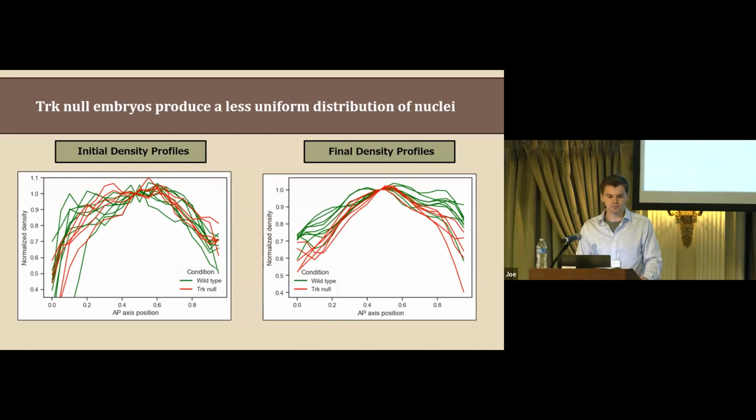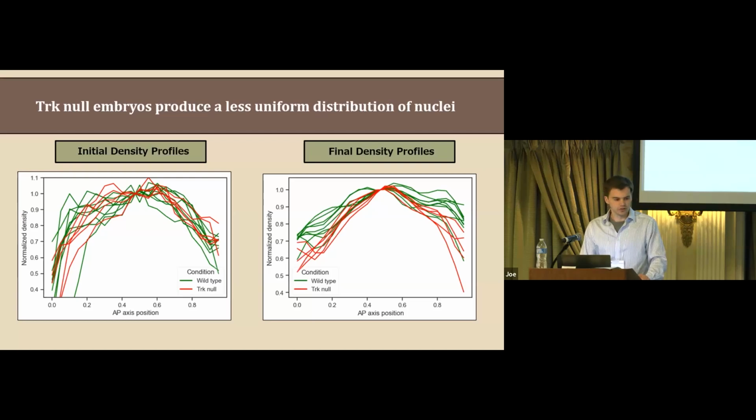And so this model here, which is ongoing work in the lab right now, suggests that the direction of these mitotic waves is in some way influencing the density profile of the embryo, and that when you have mitotic waves that start off the poles, you don't end up with nearly the same uniformity in the density profile.